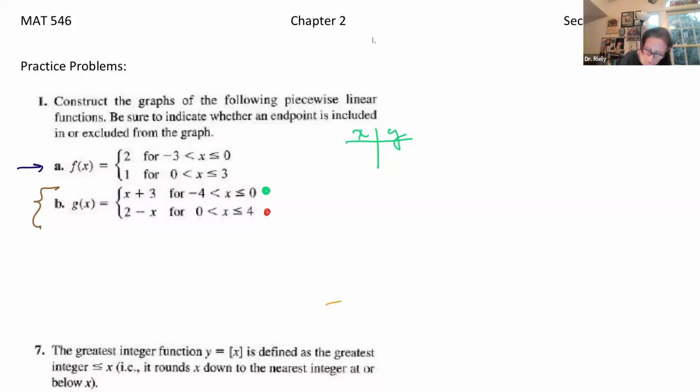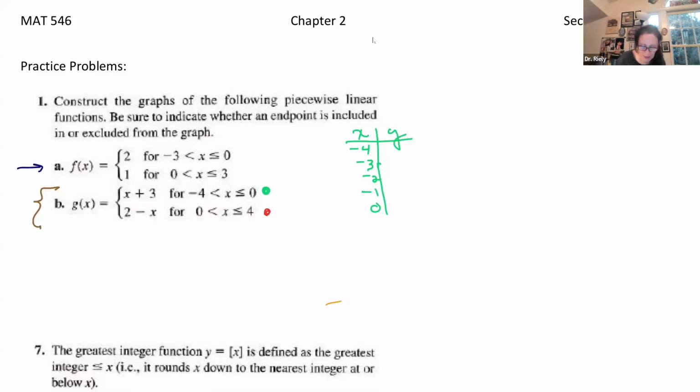So go to -4. This is called a sandwich inequality, where you have -4, then -3, -2, -1, and 0. Those are the numbers I'm going to be evaluating to figure out what the Y's are.